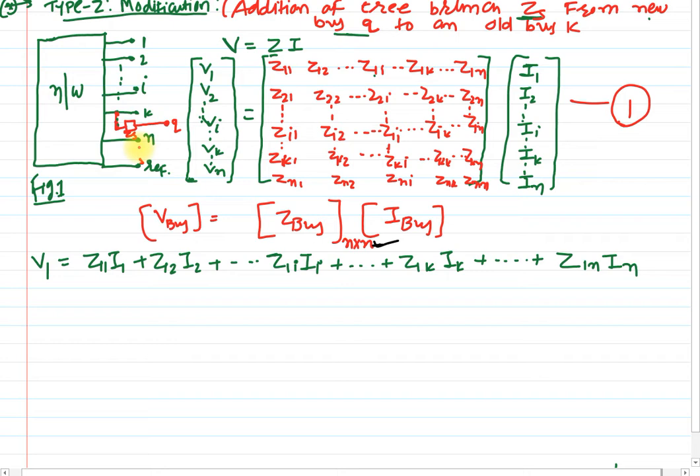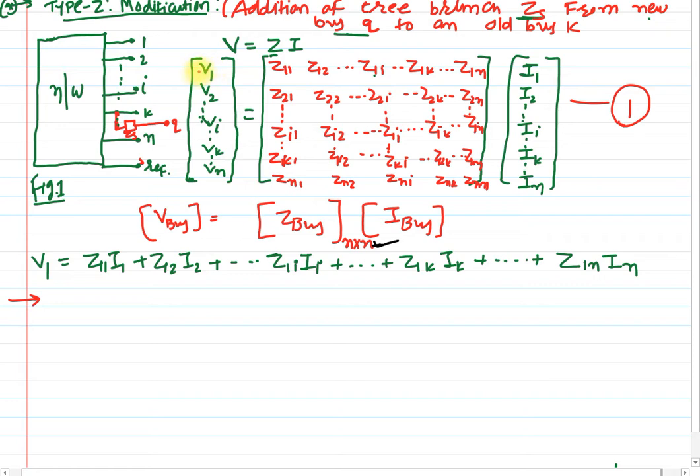So after addition of this bus number Q on bus number K, just write down the voltage equation for bus number Q.